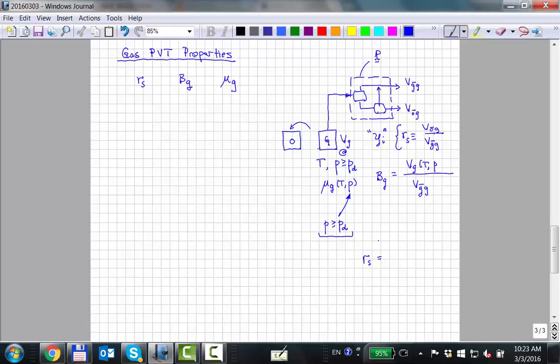Let's see, 100, 500, 10 to the minus sixth standard cubic meters of surface oil per standard cubic meter of surface gas. That's probably a reasonable number at 300 bar. So let's say that the dew point pressure was 300 bar.